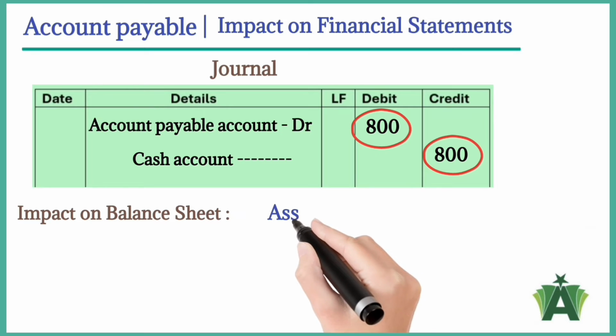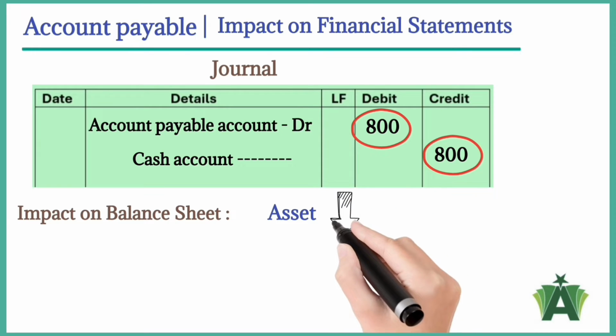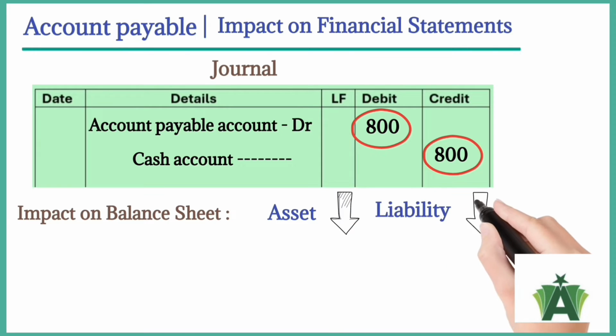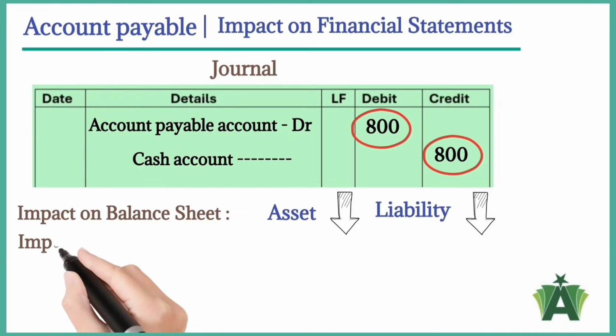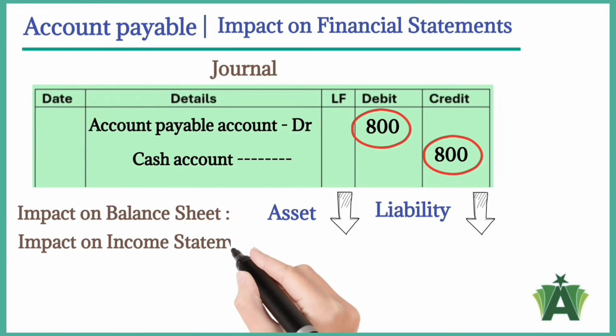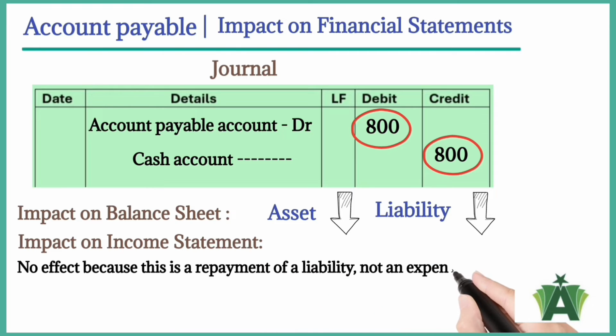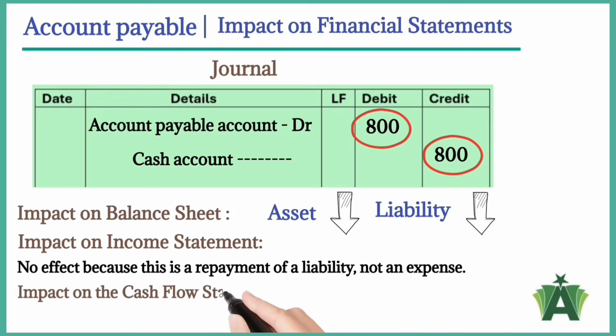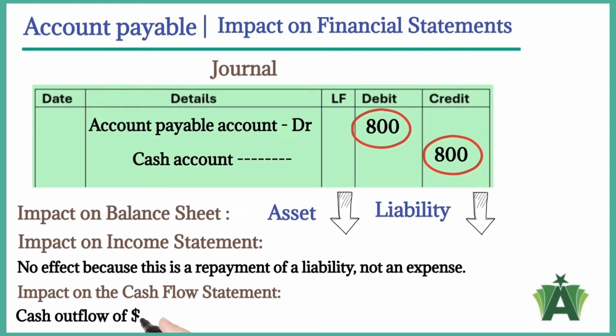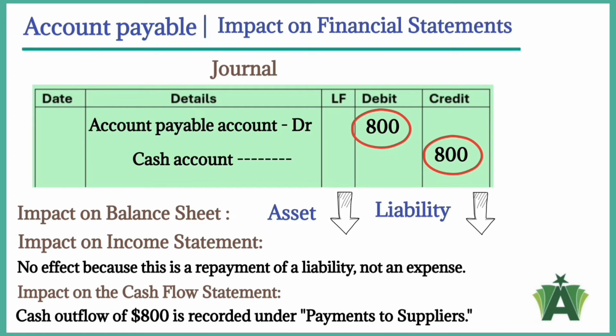Cash asset decreased by $800. And accounts payable liability also decreased by $800. Impact on the income statement. No effect because this is a repayment of a liability, not an expense. Impact on the cash flow statement. Operating activities. Cash outflow of $800 is recorded under payments to suppliers.